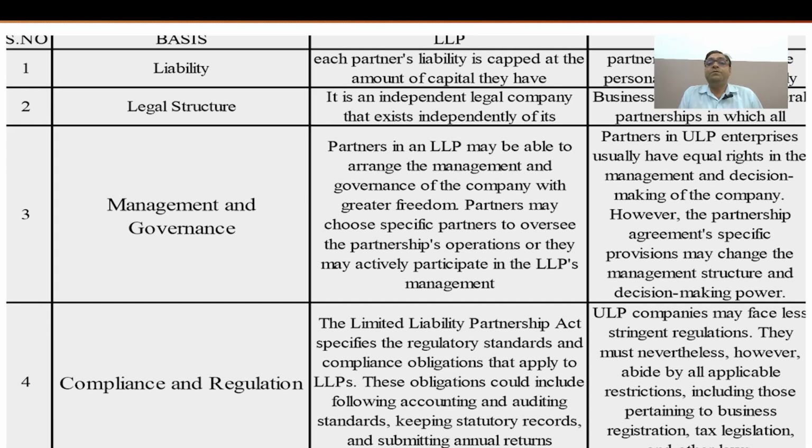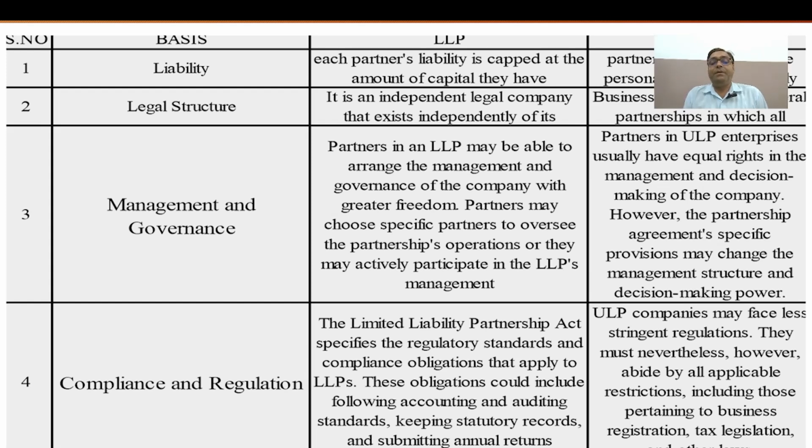Partners may choose specific partners to oversee the partnership operations, or they may actively participate. Now in ULP, partners usually have equal rights in the management and decision making of the company. The provisions may change the management structure and decision making power.